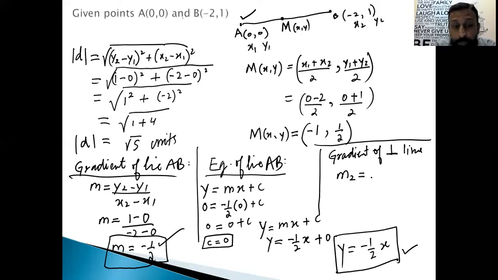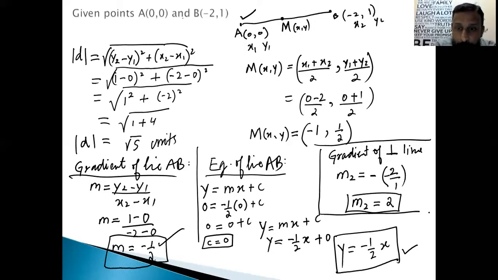It's minus, and the reciprocal of 1 upon 2 is 2 upon 1. So negative and negative becomes positive. We have the negative reciprocal of minus half as positive 2. So this is the gradient of a perpendicular line.